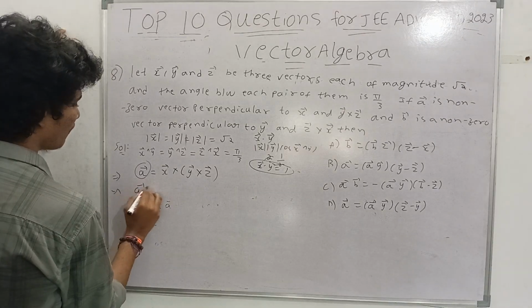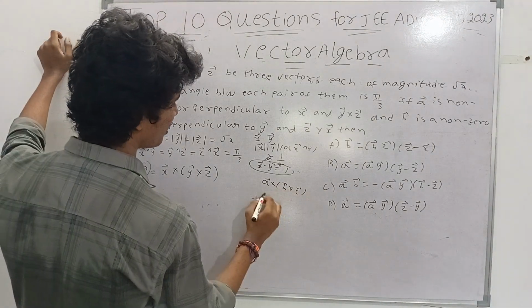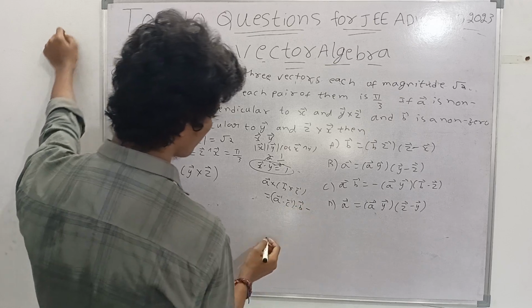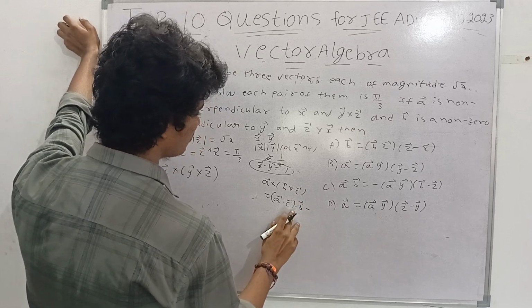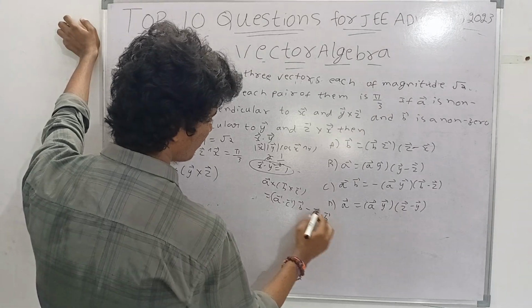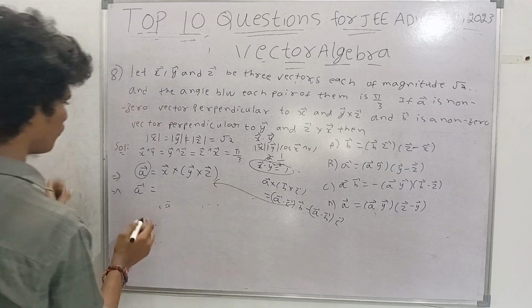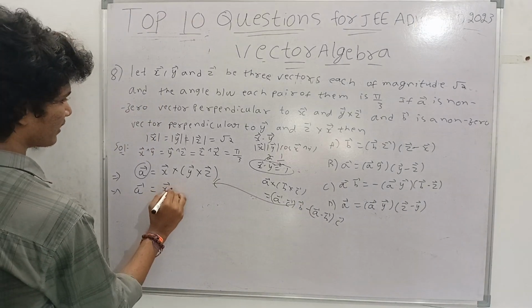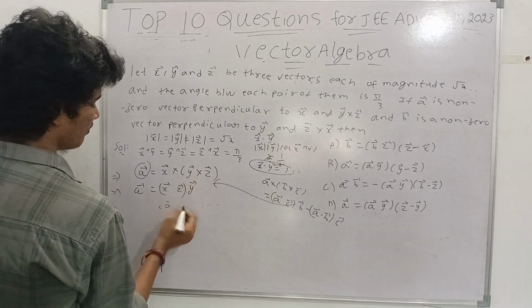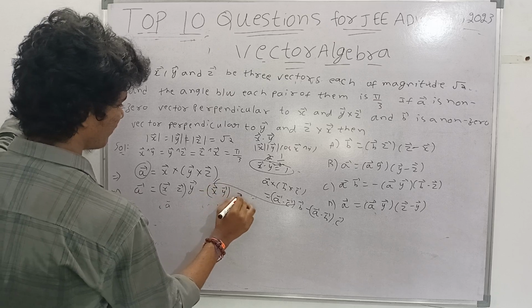And again, we know the formula. What is the formula? A vector cross b vector cross c vector equals a dot c times b vector minus a dot b times c vector, simply the vector. The formula we are applying here. What will you get? x dot z into y vector minus x dot y into z vector.